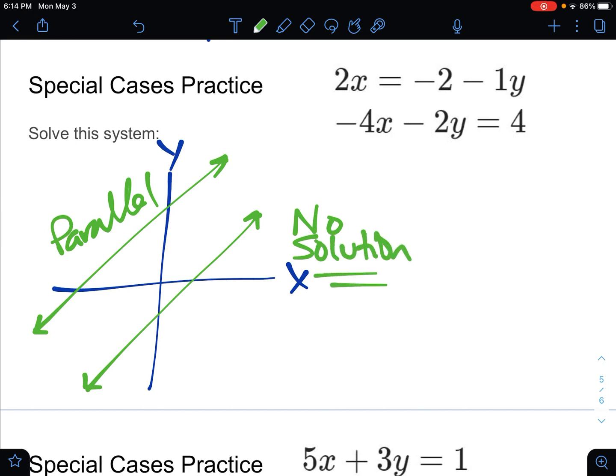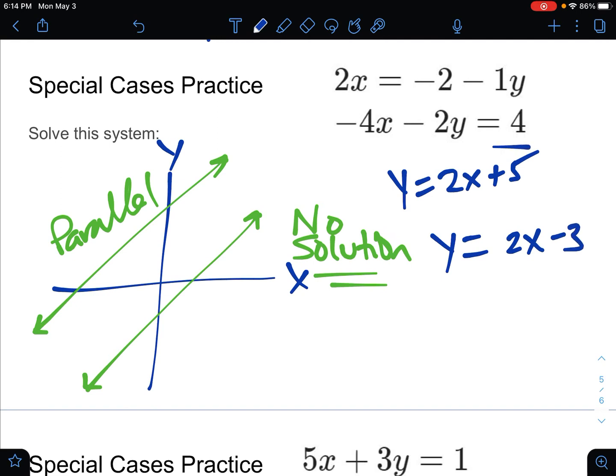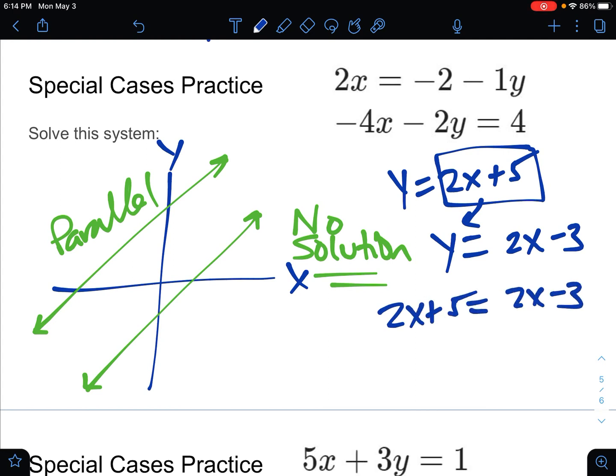So we might run into that with this special case here. And what that looks like is some impossible thing. Say, for example, we've got y equals 2x plus 5 and y equals 2x minus 3. These two things can never be equal because if you were to use substitution, 2x plus 5 cannot equal 2x minus 3, because if you take away those two x's, 5 cannot equal negative 3.